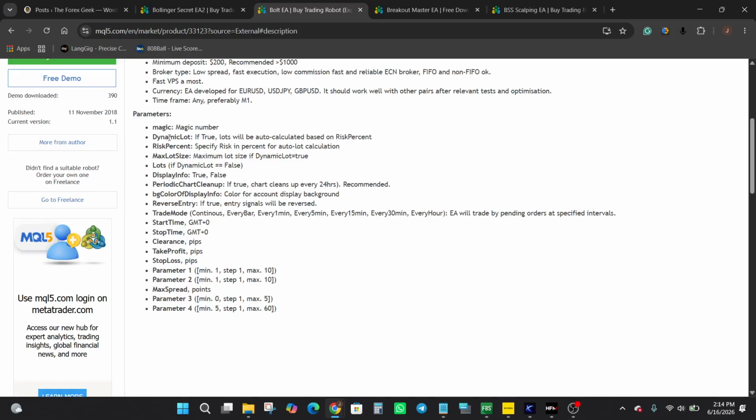Dynamic lot allows automatic position sizing based on a chosen risk percentage, while manual lot sizing can also be used if preferred.